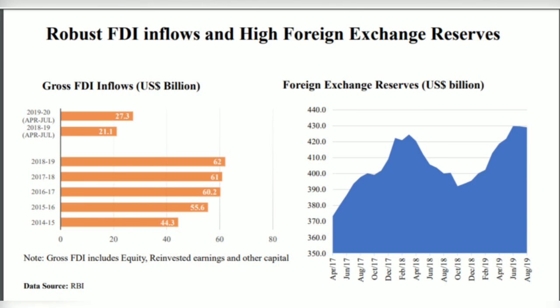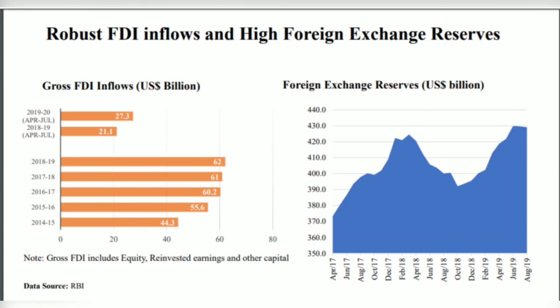So this is boosting the Indian economy in the shorter period, and hopefully in the long period it will grow. As you can see here, the data taken from the RBI is 27.3 US billion dollars. So so much investment is coming into India through FDI, due to the policy that the government has taken.